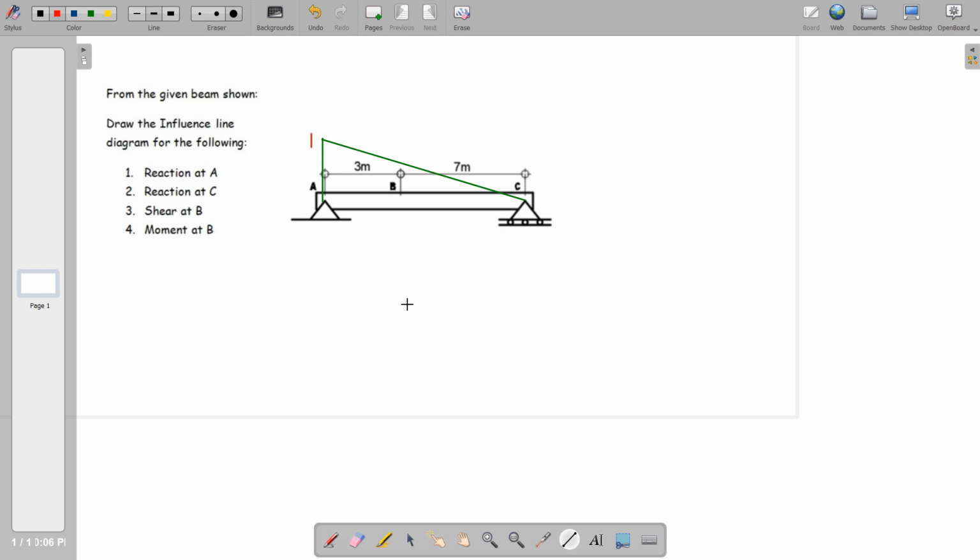As simple as that. So that is for the reaction at A.